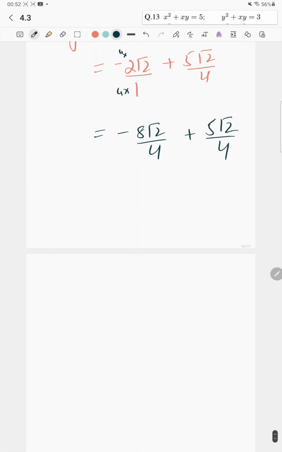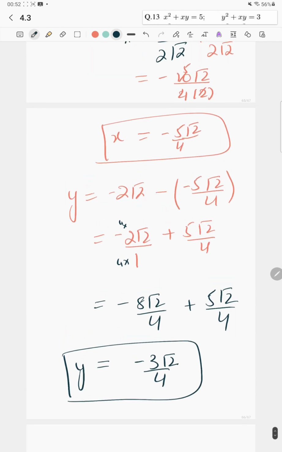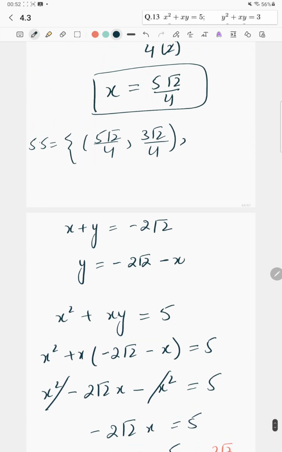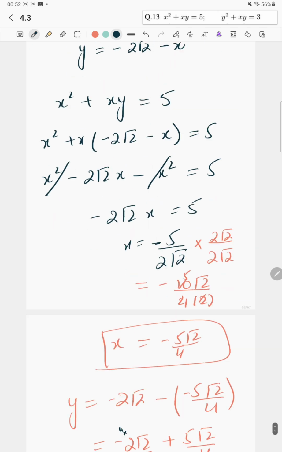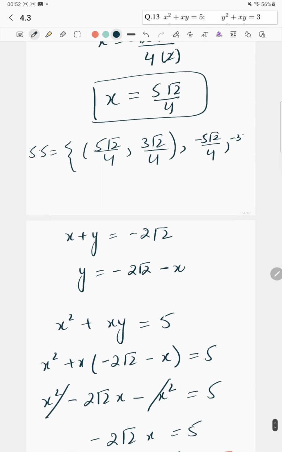So we will get minus 3 square root 2 by 4, which is equal to y. Okay, so now we have x equal to minus 5 square root 2 by 4 when y is equal to minus 3 square root 2 by 4. So this is the final solution set that we get.